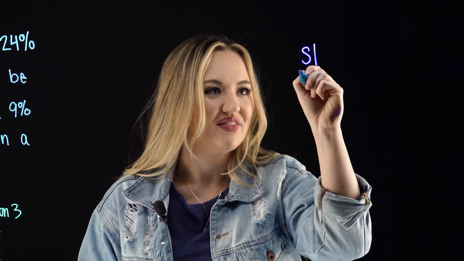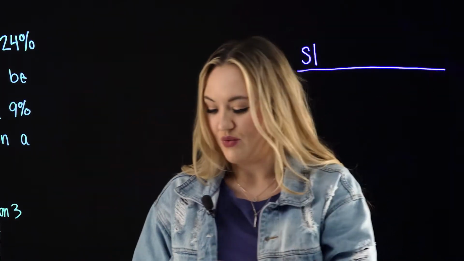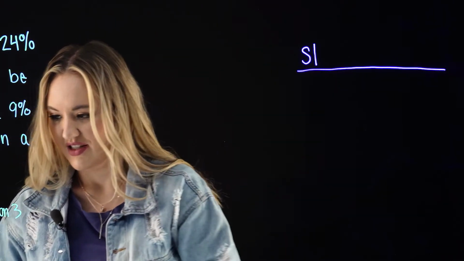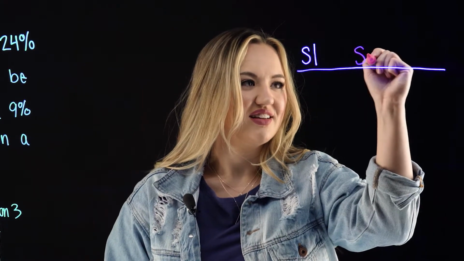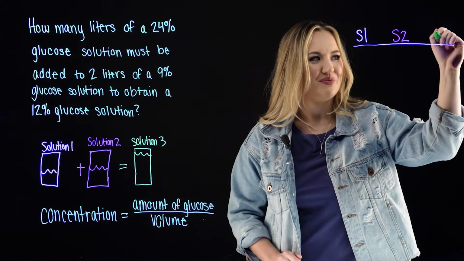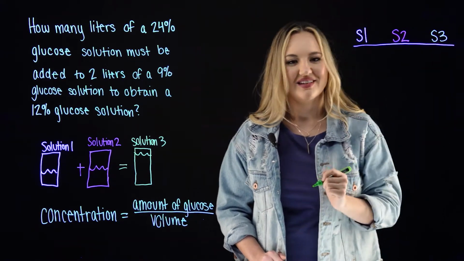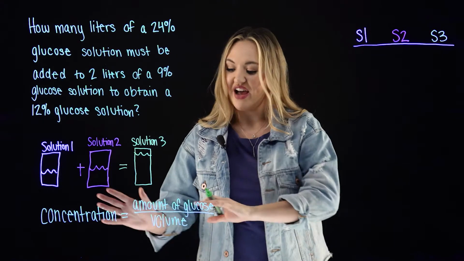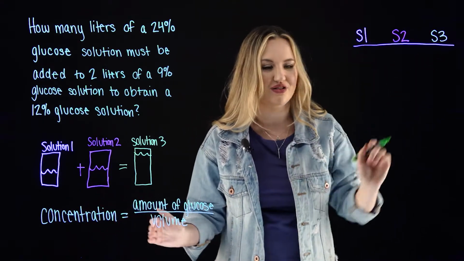We have solution 1, I'm just going to call it S1. Then we have solution 2. And finally, we have solution 3, or the mixture. We're going to identify these values for each of these solutions.